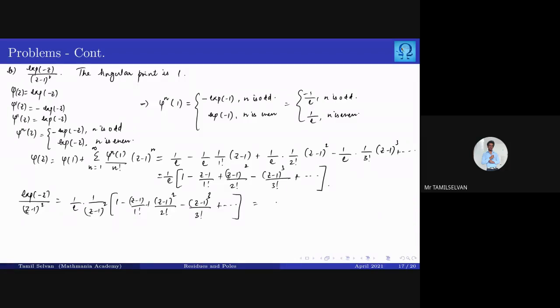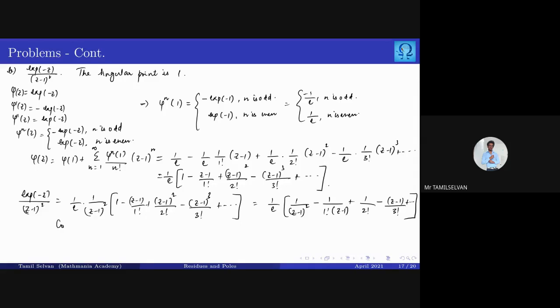When we take this inside, 1 upon e multiplied with 1 upon z minus 1 squared, minus 1 upon 1 factorial multiplied with z minus 1, plus 1 upon 2 factorial, minus z minus 1 upon 3 factorial, plus etc.